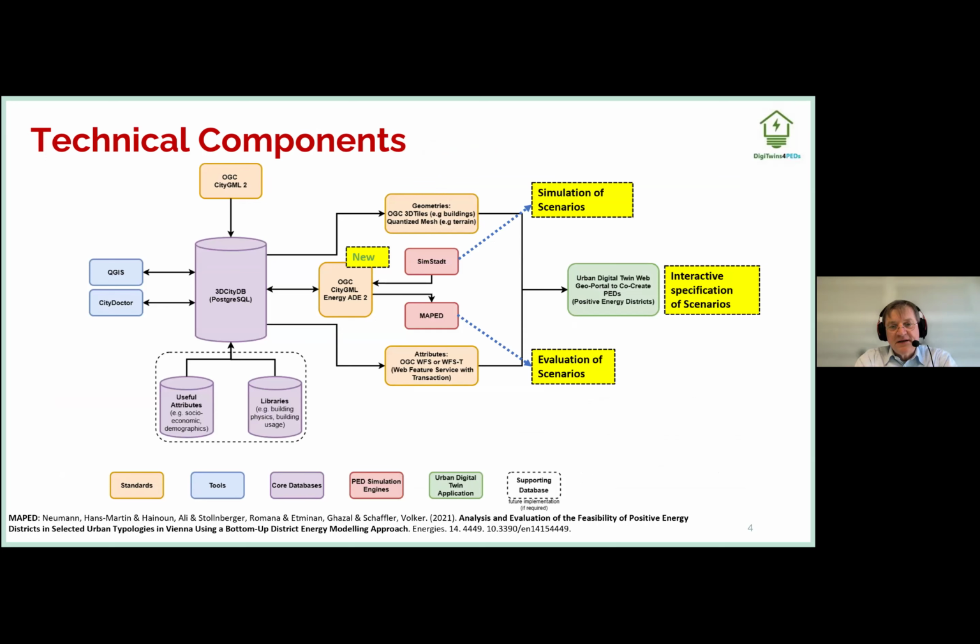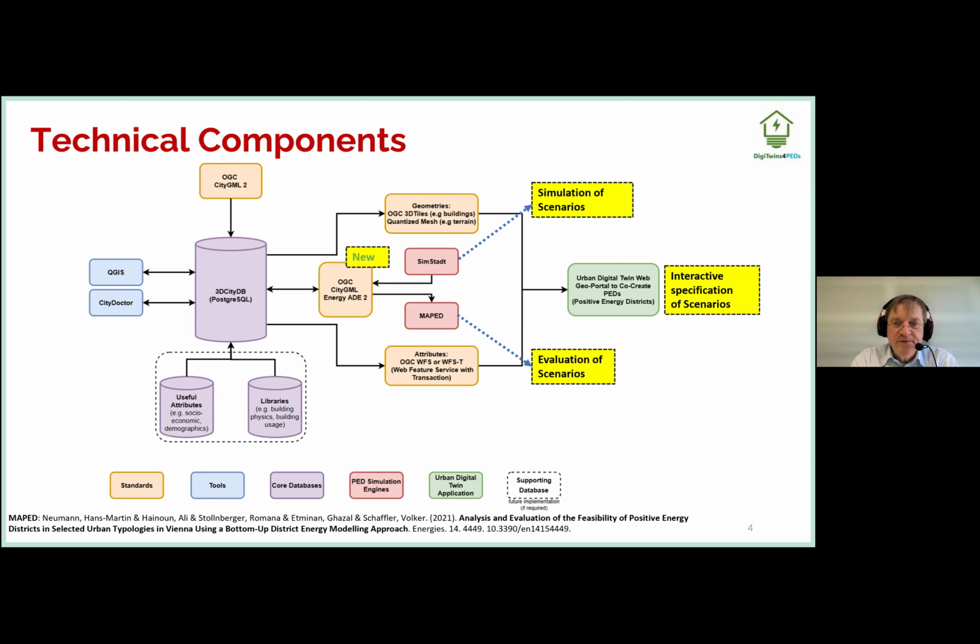Here are a few of the technical components we use. We said it's a deep dive, so I'm free to share. On the one hand, we use a 3D CityDB to store data in CityGML. That's basically the 3D representation of the built environment. Then for the viewer, we convert it to data formats that we can stream via the internet. That's 3D tiles.